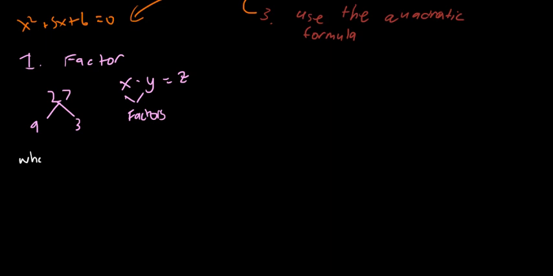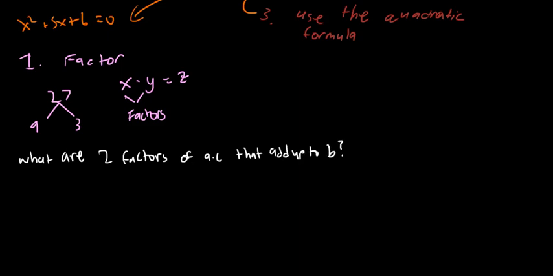What are 2 factors of a times c that add up to b? So of a times c, and they add up to b.